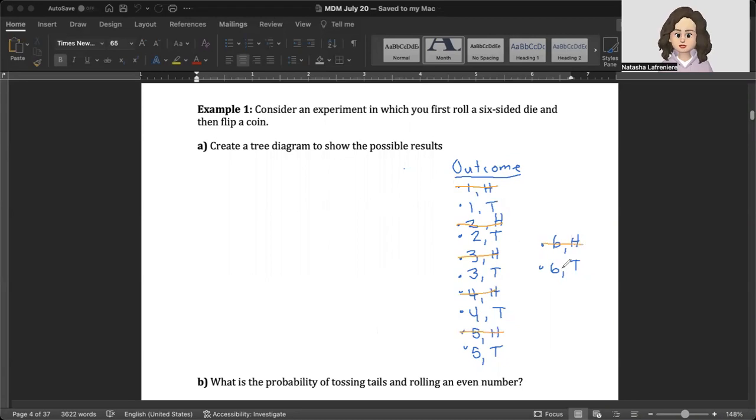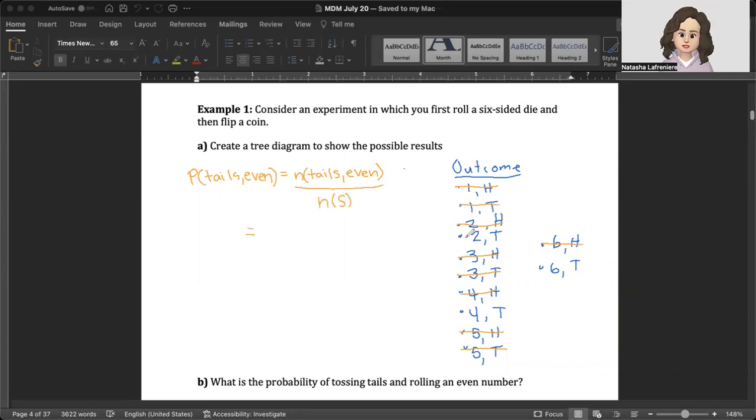Okay, so we need the tails. We also need an even number. So we can cross out that, and that. So that leaves us with our number of tails that are even. The probability of tails and even is equal to our number of tails that are even, and then our total number.